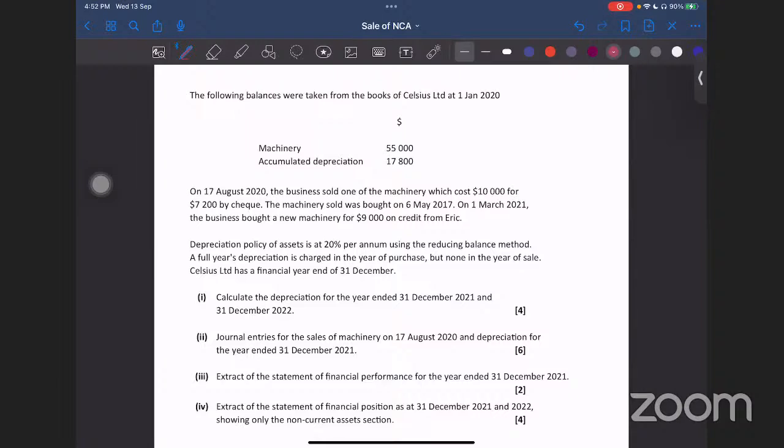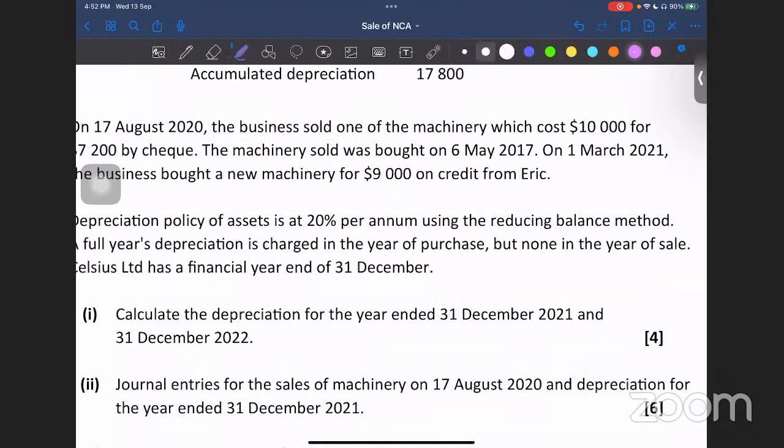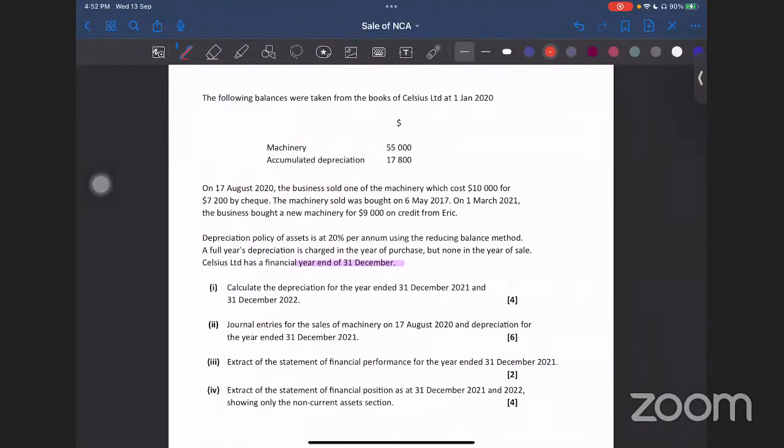Okay, so here the first thing to determine is the year end. Our year end is very straightforward because it's December year end, so it makes your calculation easier, right?